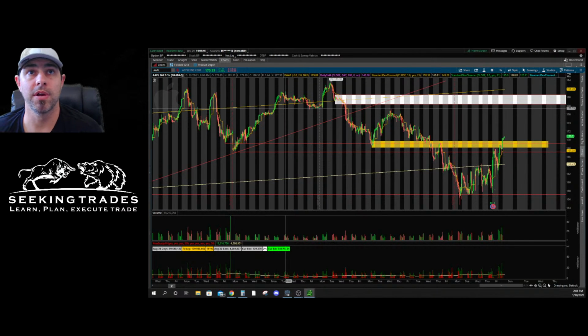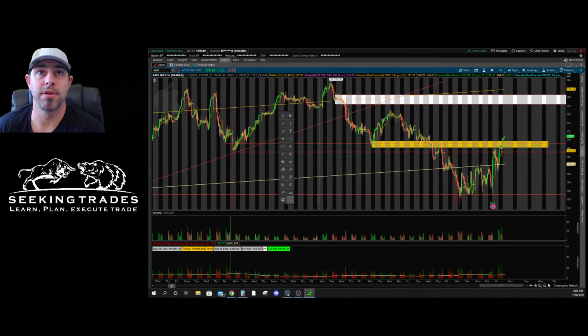So if I look at this little demand zone here, the top is going to be more like at the top of the candles, not the wicks. The wicks are on the bottom. So right there, bottom on that one.